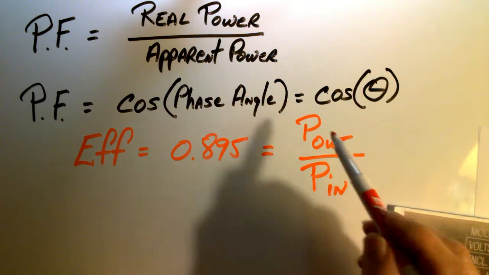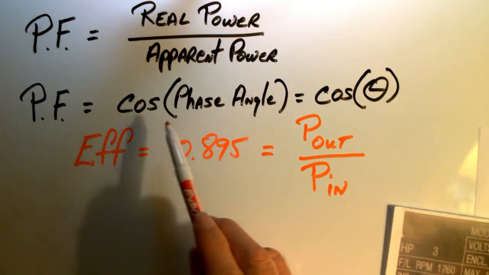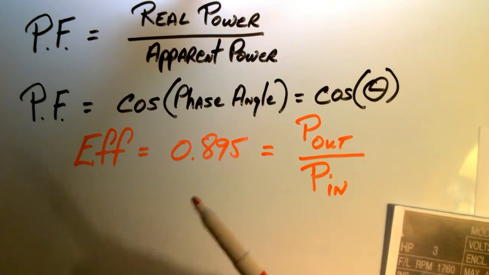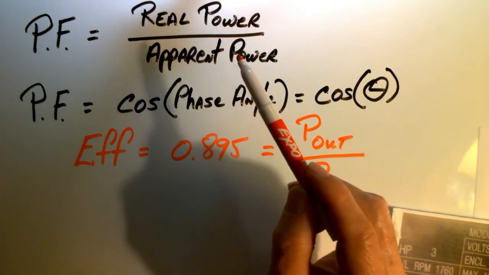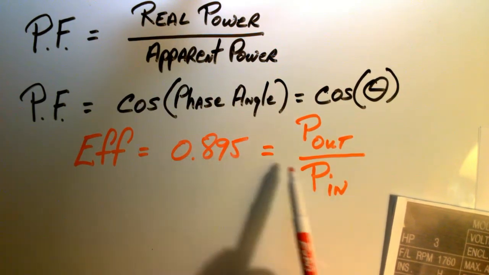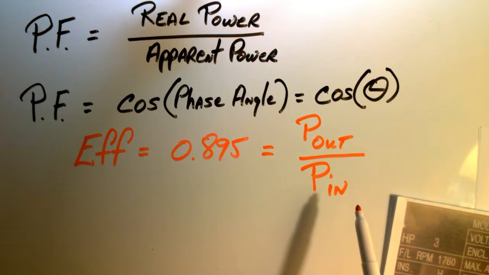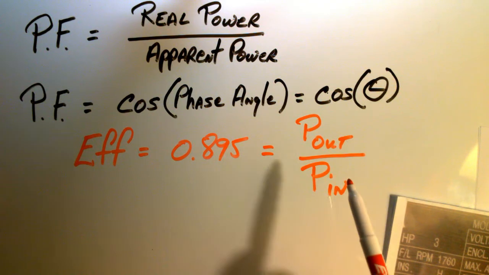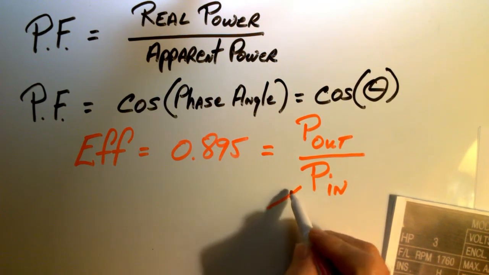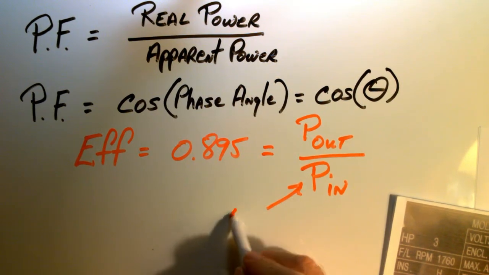So in order to calculate our power factor, we don't know the phase angle, so we can't do anything. We know the apparent power. We don't know the real power, but I have a method by which I can determine that. And this power in, the electrical power into the motor, that is the real power.